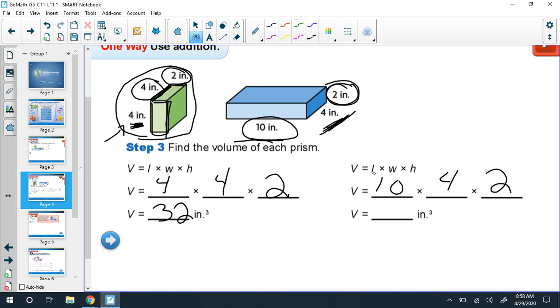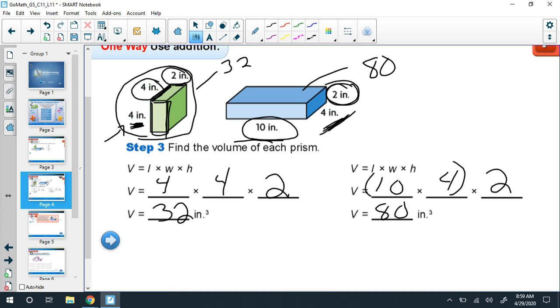This seems to make the most sense to me because 10 times 4 is pretty easy. It's 40. Then when I double that by multiplying by 2, 40 times 2 is 80. So the volume of the green piece is 32 cubic inches. The volume of the blue piece is 80 cubic inches.